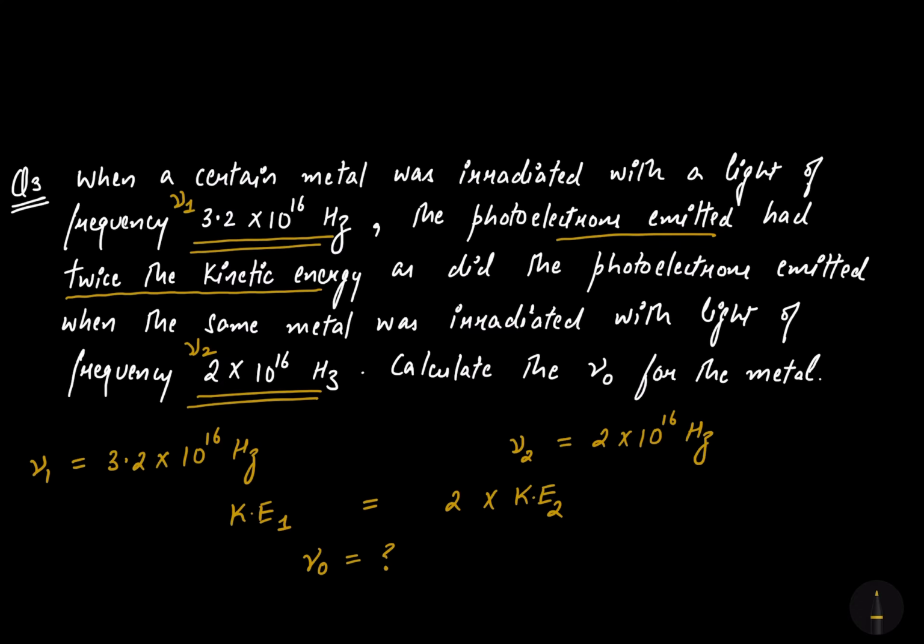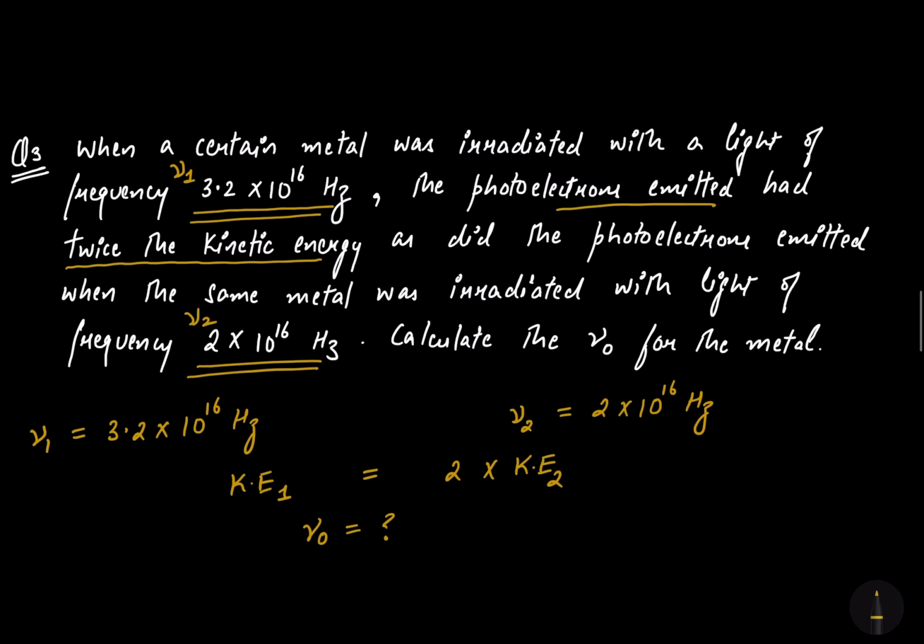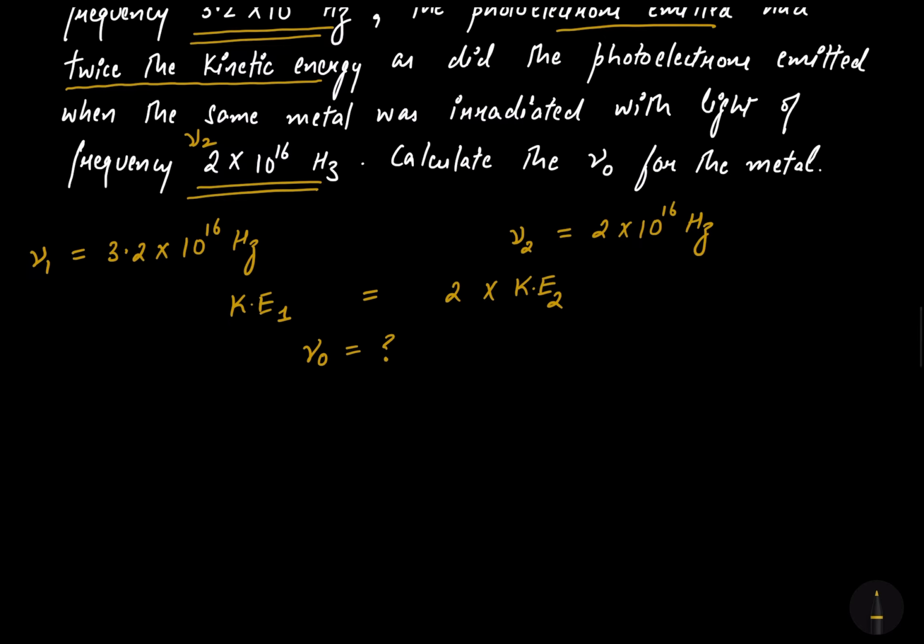So this is the question, the given values I have written. Let me do a derivation for you first. Let me write the formula first. The energy of photon will be equal to phi plus kinetic energy.